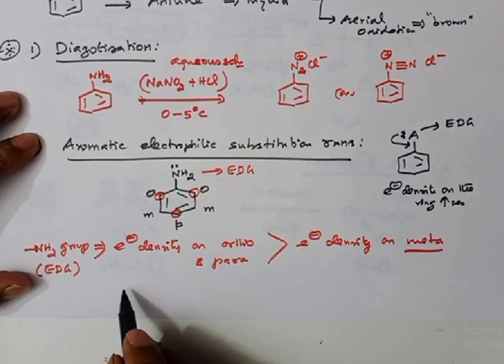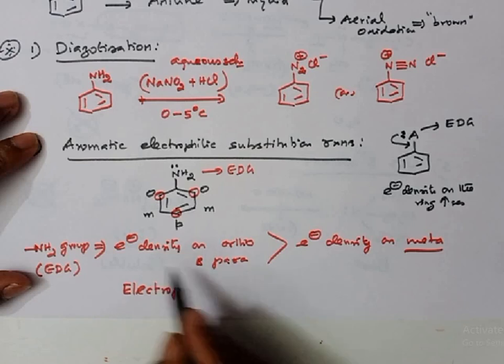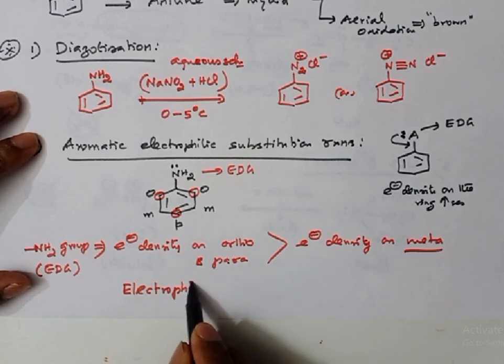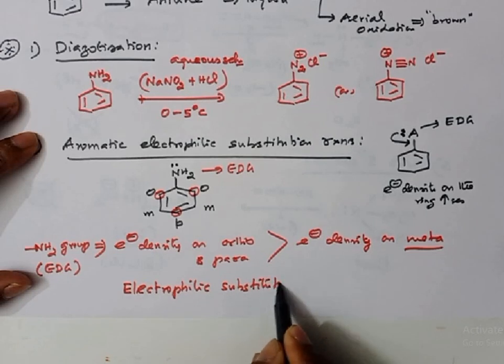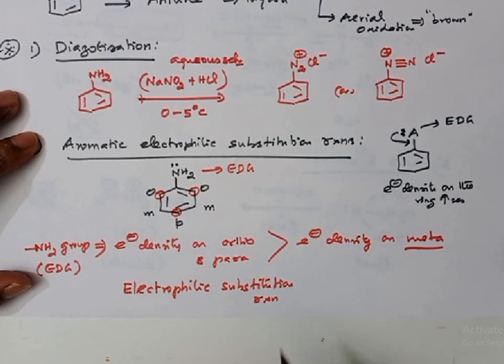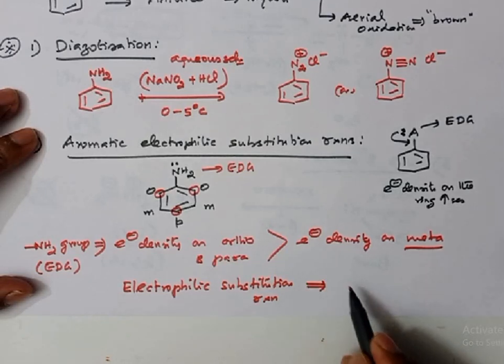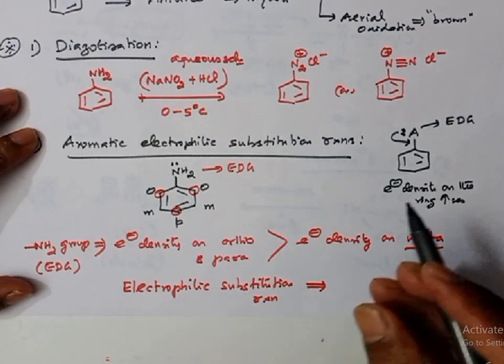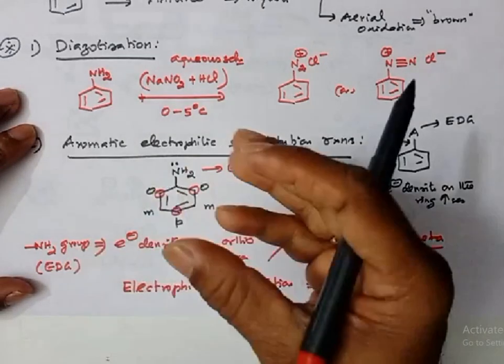Therefore, electrophilic substitution reaction, what does this imply? It implies that electrophilic substitution reaction occurs right at ortho and para position, which is the preferred position. Why? Because ortho and para has high electron density.